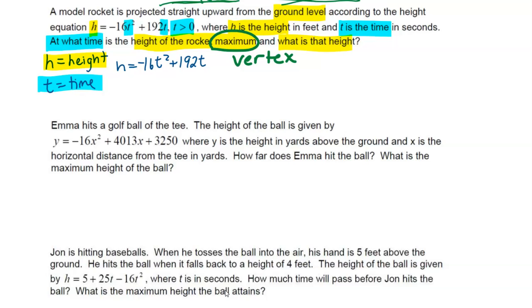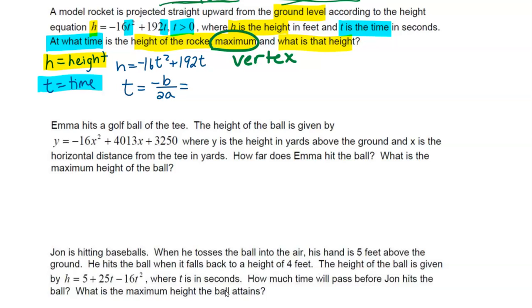But what is our x? What variable is our x? T. So instead of saying x equals, we're going to say t equals negative b over 2a, or negative b divided by 2a.